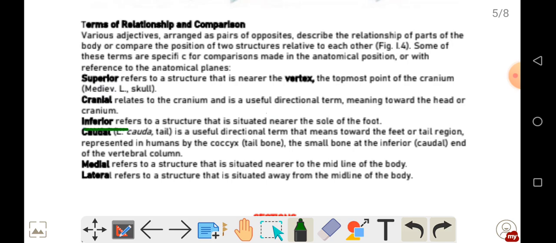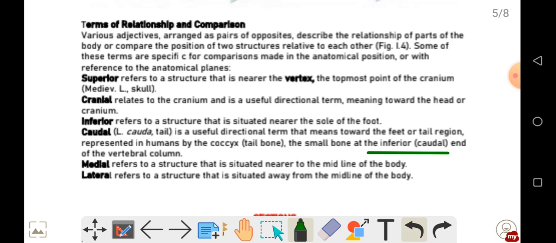Then inferior. Inferior refers to a structure that is situated nearer to the sole of the foot. Then caudal is a directional term that means toward the feet or tail region, represented in humans by the coccyx or tailbone, the small bone at the inferior end of the vertebral column.